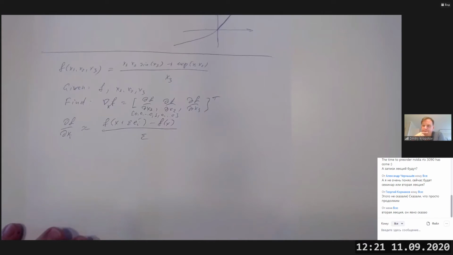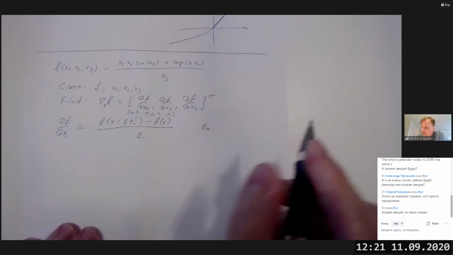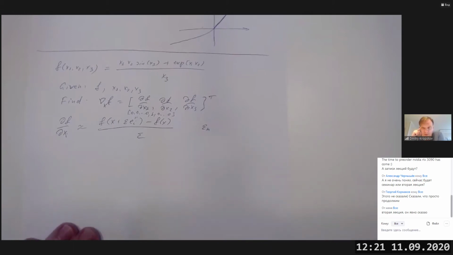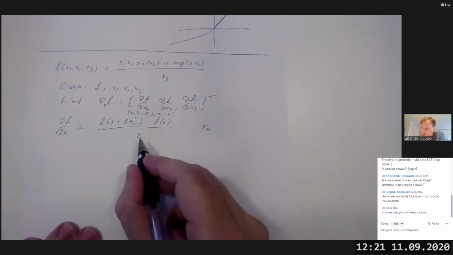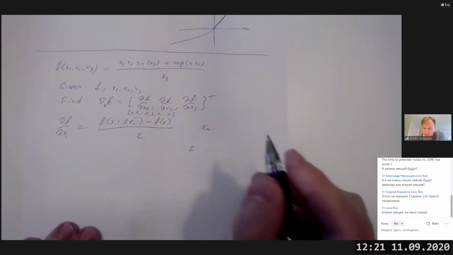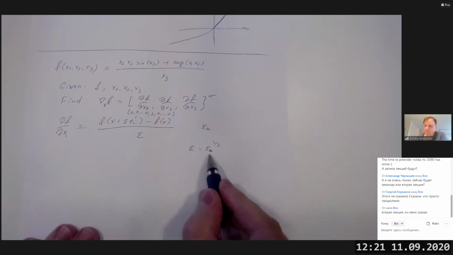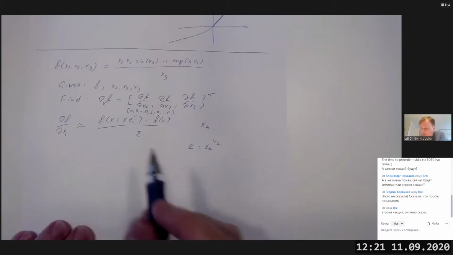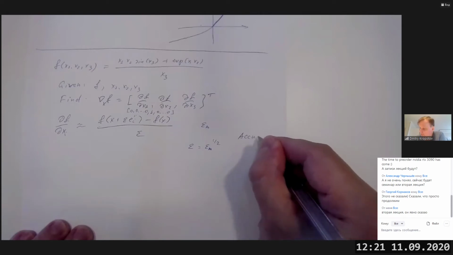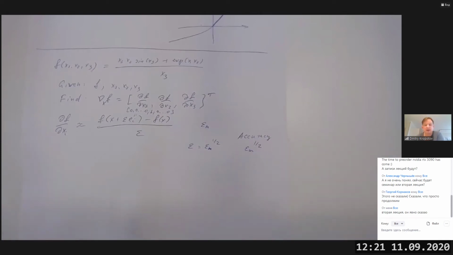It can be proven that if epsilon_m is machine precision, then the best you can do with this formula is to take as epsilon the square root of machine precision, and the accuracy of this formula would be at best also the square root of machine precision.